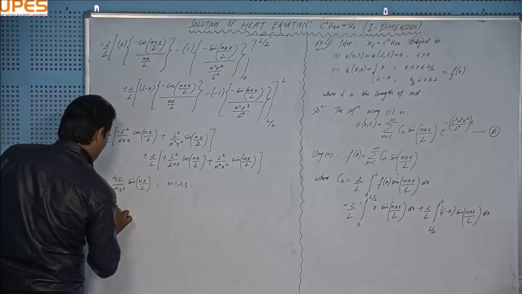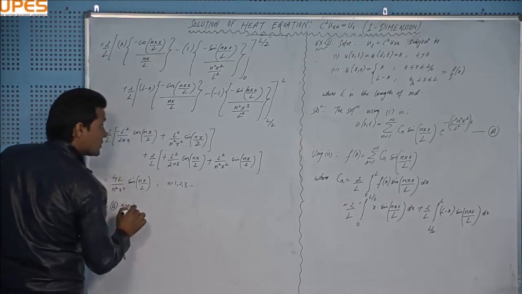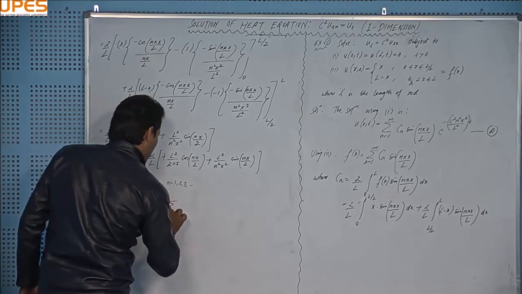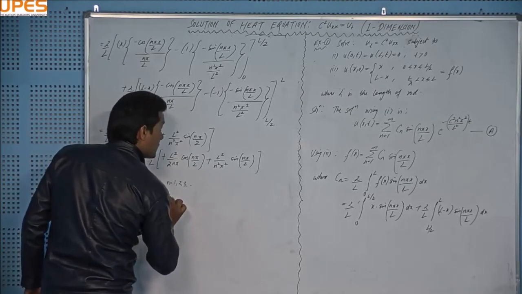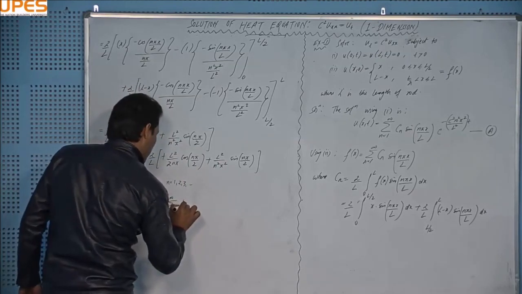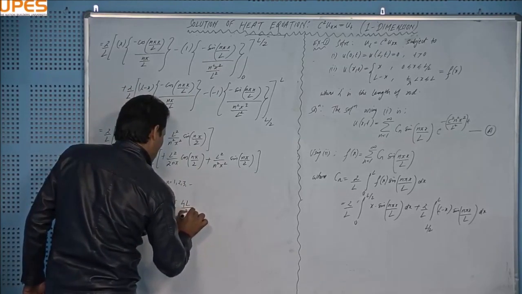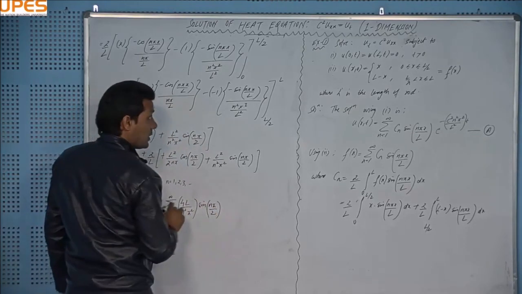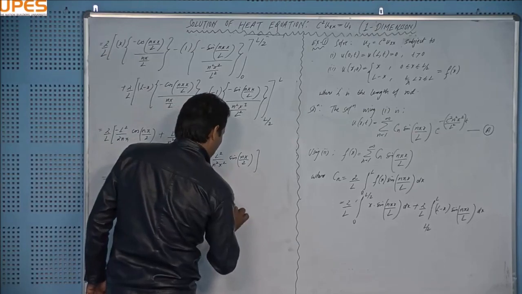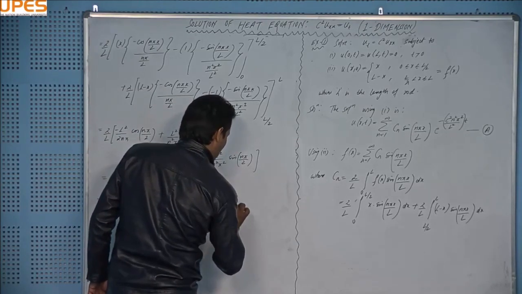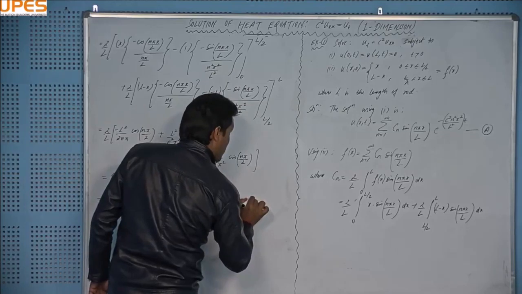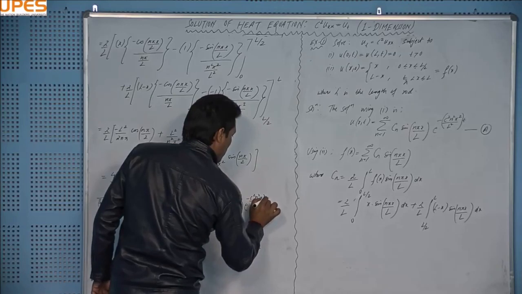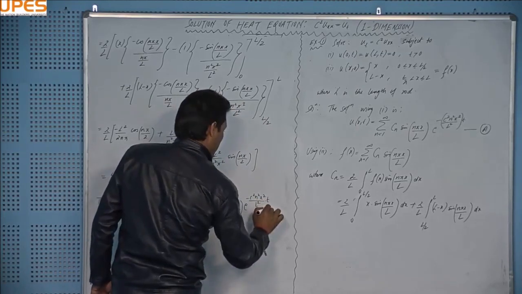Then A gives u(x, t) equal to summation n equal to 1 to infinity, and the value of C_n is this thing, 4L over n square pi square sine(n pi by 2) and sine(n pi x over L) e to the power minus c square n square pi square over L square t.